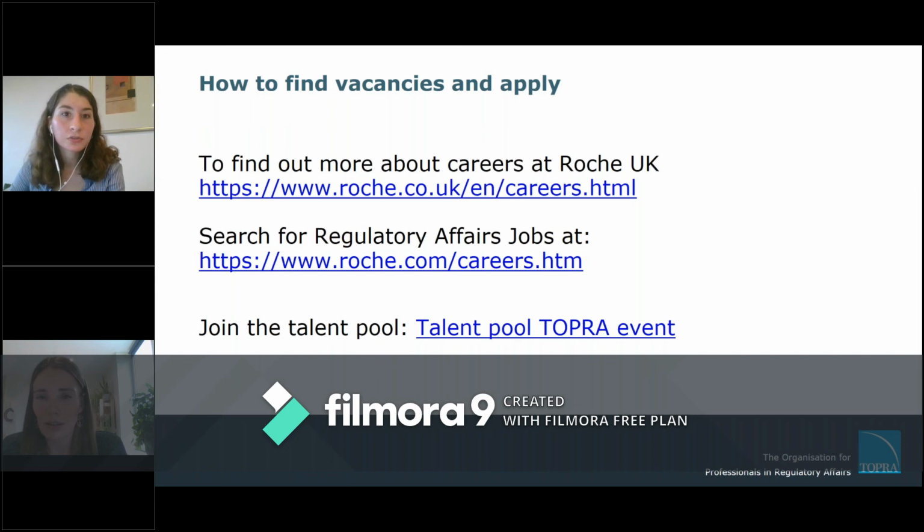In terms of professional training, TOPRA offers many courses, and many colleagues in the regulatory department in Roche are given opportunities to participate in them. There are also other forms of learning that we provide internally, whether through workshops where previous health authority experts come in to talk to Roche, or other platforms like LinkedIn Learning, which can be used for learning. For the specifics, it will be hard to say more.